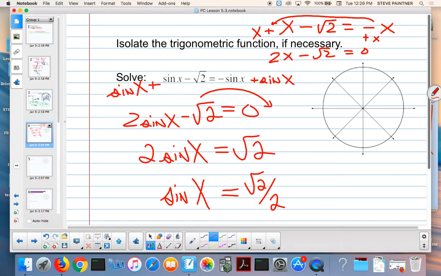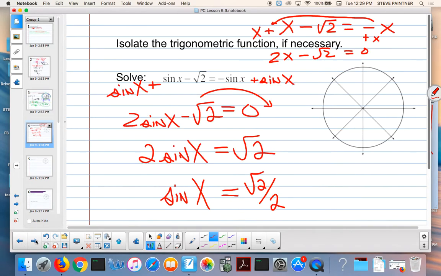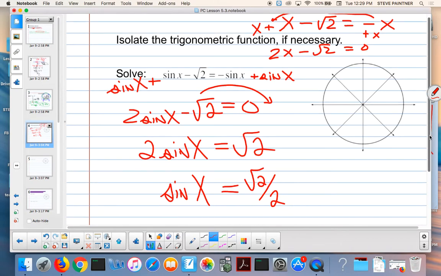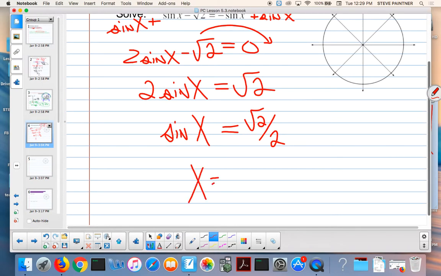Okay, well, it almost looks the same as the other one I did with you. I did this one with negative square root of 2 over 2. Now I've got positive square root of 2 over 2. So you probably know to get x, you'd have to do inverse sine of square root of 2 over 2. What triangle is going to do it for you? 45 again.